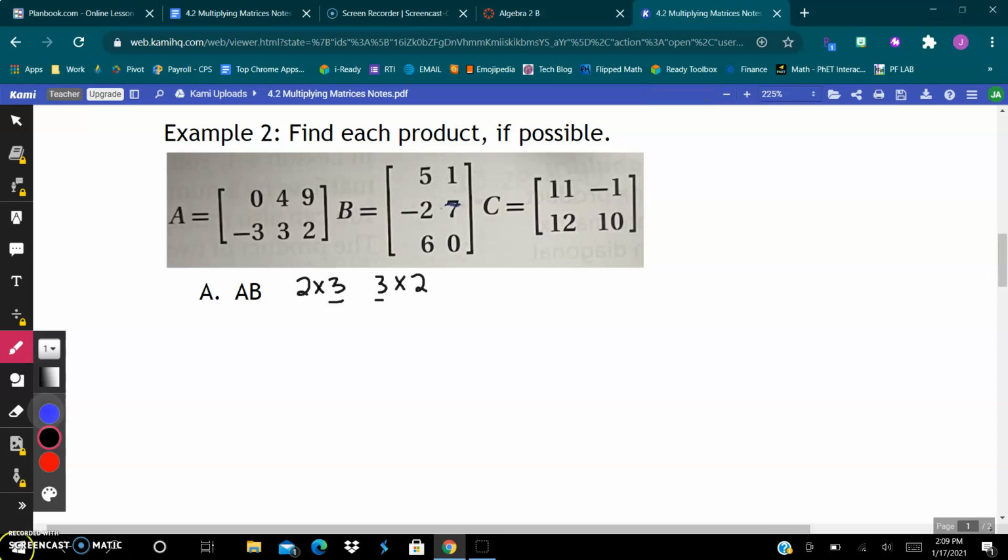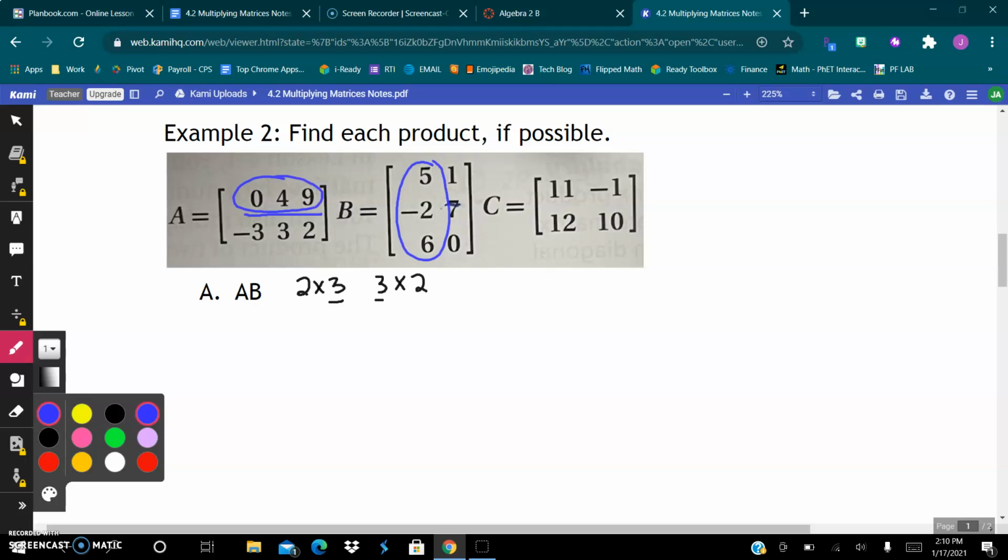So we're going to look at the first row along with the first column here. So we're going to multiply the firsts, so 0 times 5. And then we're going to do the middles, 4 times -2.